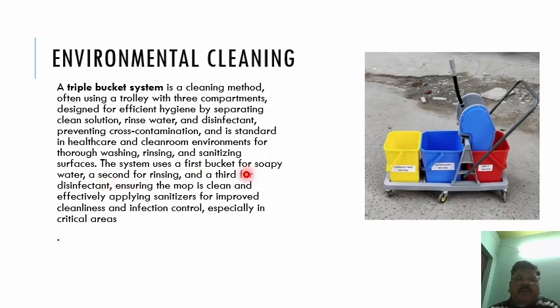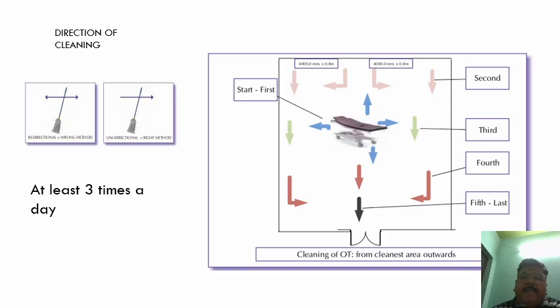The system uses the first bucket for soapy water, the second for rinsing, and the third for disinfectant, ensuring the mop is clean and effectively applying sanitizers for improved cleanliness and infection control, especially in the critical areas.